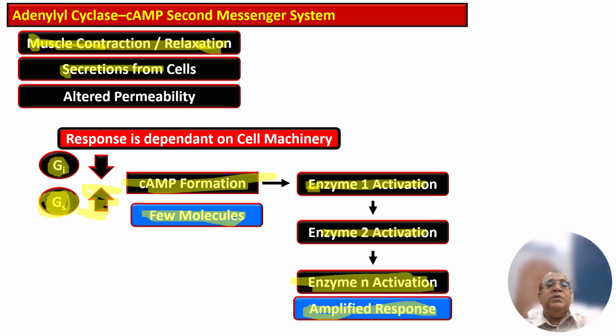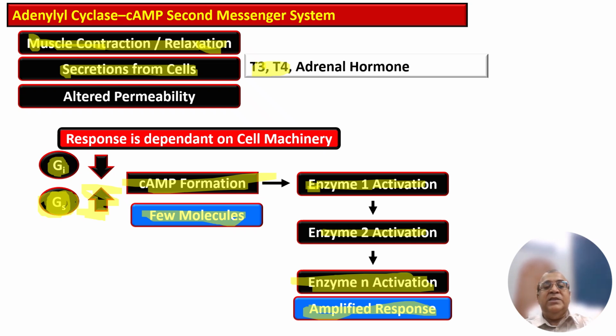They are responsible for secretion from the cell, when adenylyl cyclase activation results in cyclic AMP formation. It acts on the thyrotroph or thyroid cuboidal cell and will result in the formation of T3 and T4 hormone.